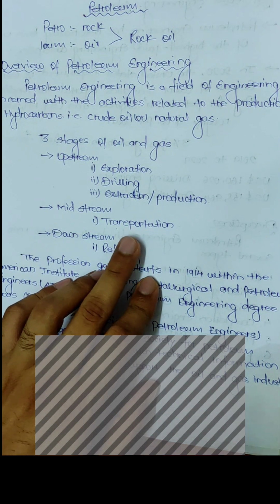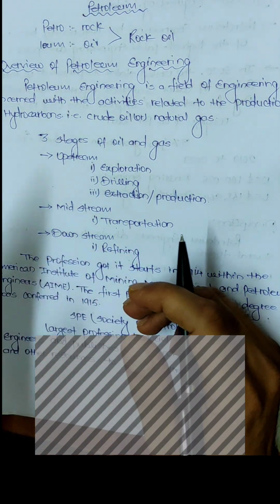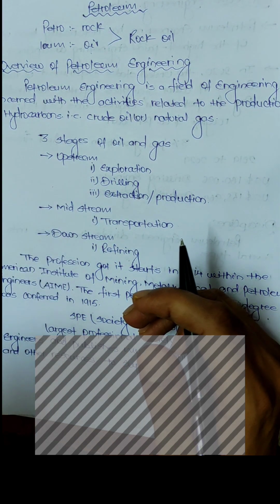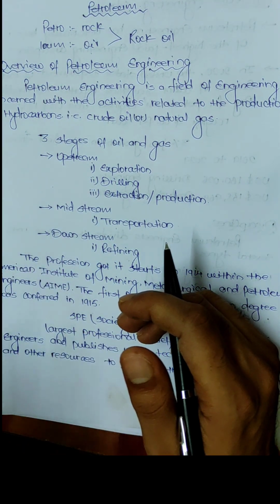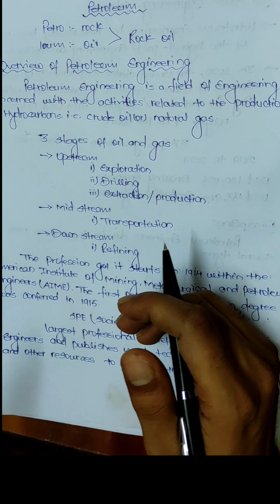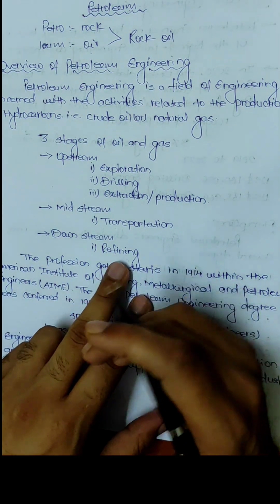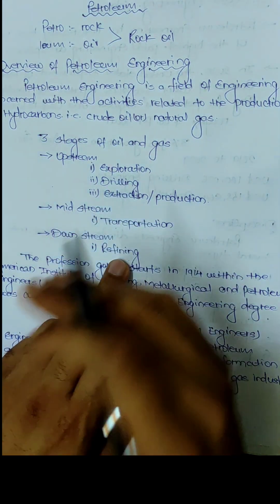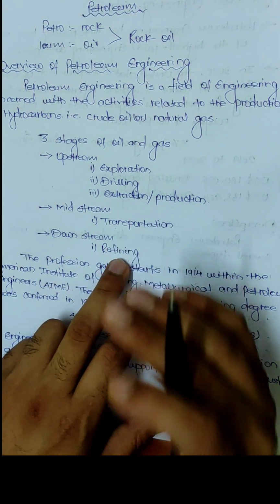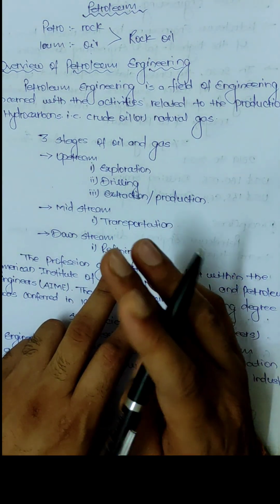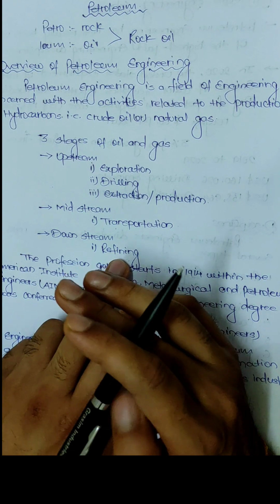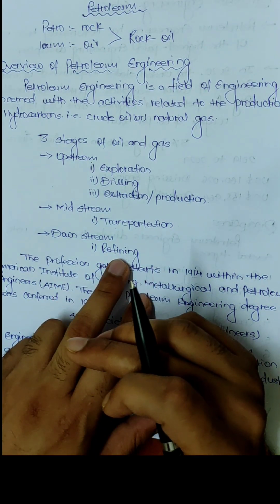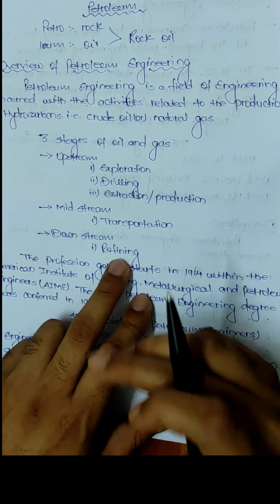Now downstream. Once this crude oil comes onshore to the refining plant, the crude oil is broken into different products using distillation units, like evaporation or boiling.